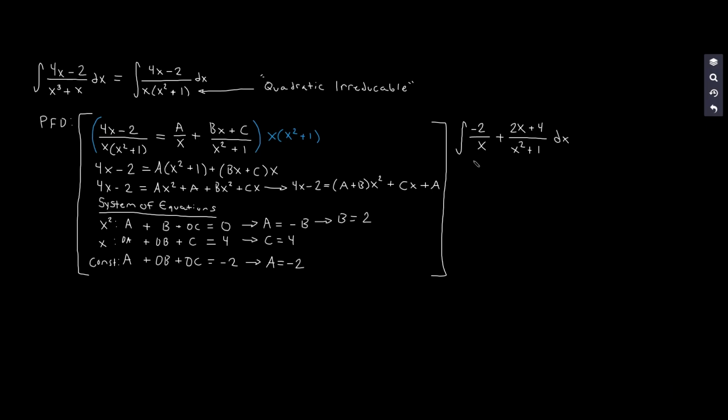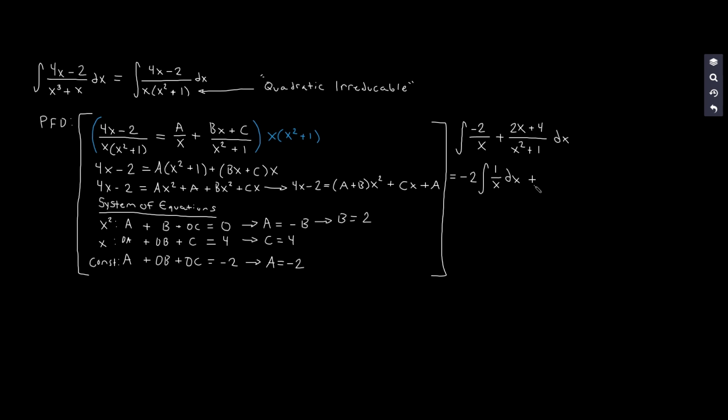And so then what we can do is we could factor out the -2. We can factor out that -2. 1 over x integration with respect to x, and we're just splitting up the integral here. We could split this up into two separate integrals like this.